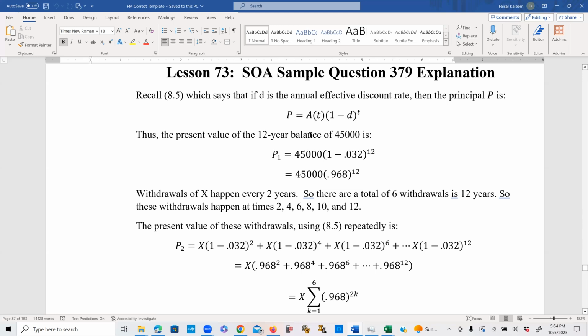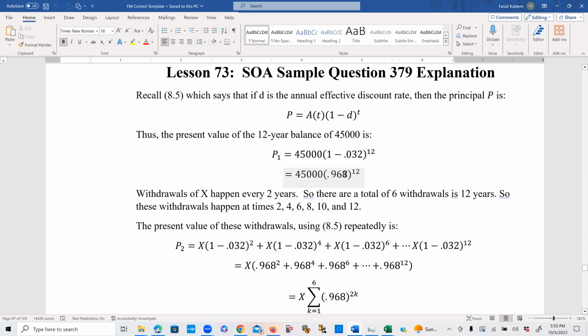So the present value of the 12-year balance of 45,000, remember we are told the balance at the end of 12 years is 45,000, let's call it P1, is 45,000 times (1 - 0.032)^12, which is 45,000 times 0.968^12.